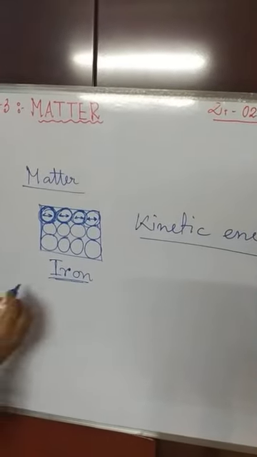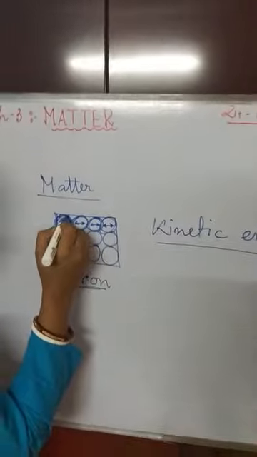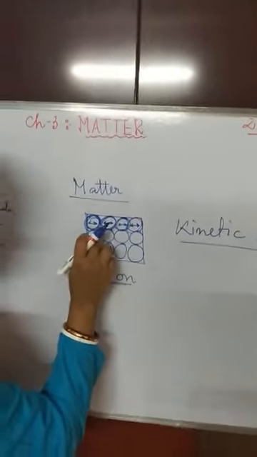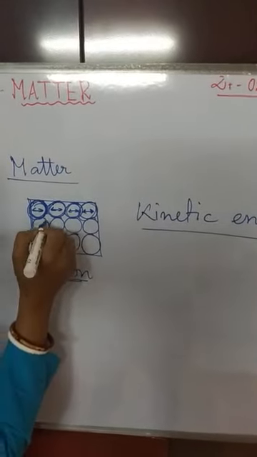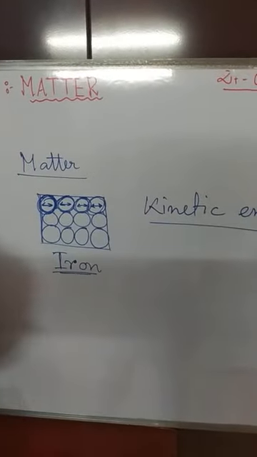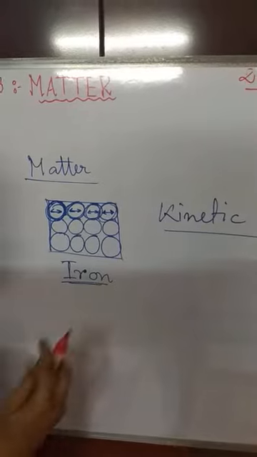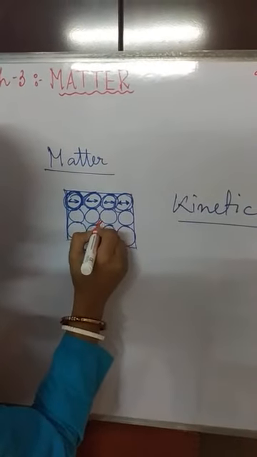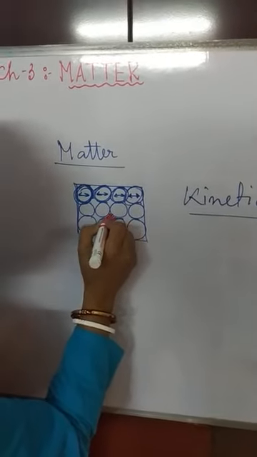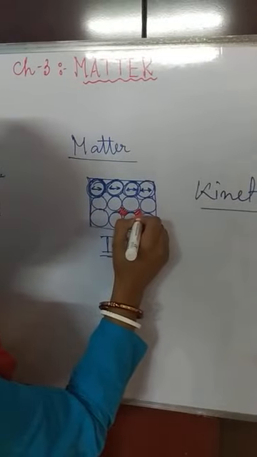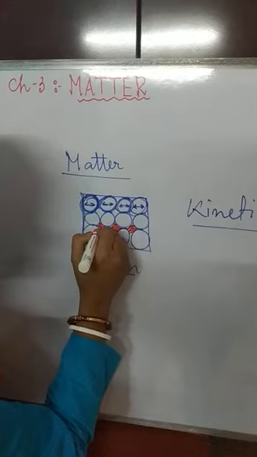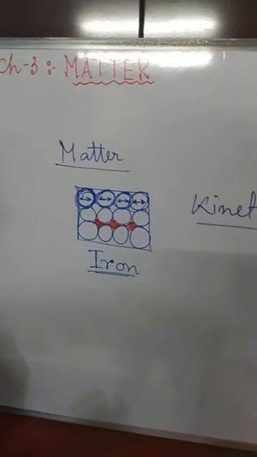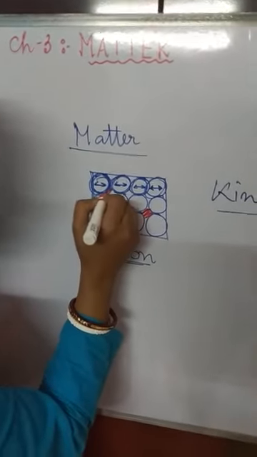Next, in these particles of iron, we can see there are some gaps in between. See, in between two particles there are some gaps. These are the gaps between the particles. So these gaps are called intermolecular space.